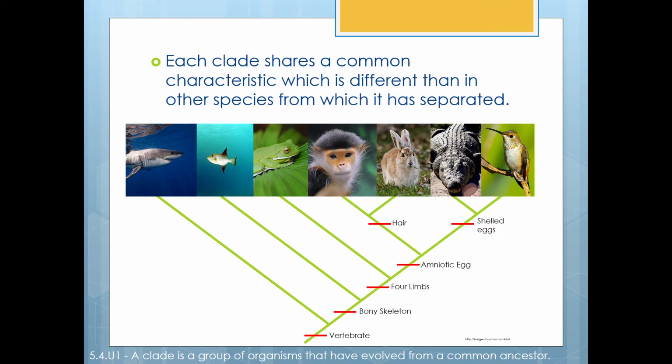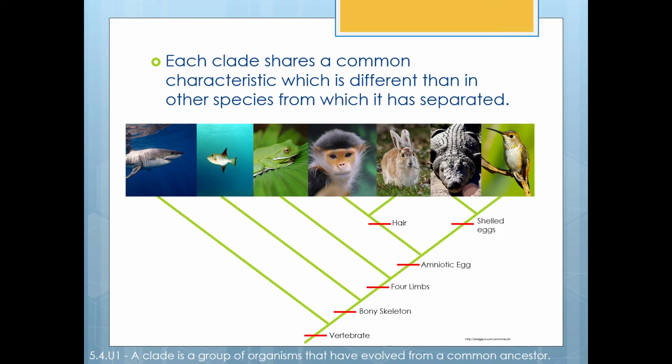Then all of them except fishes have 4 limbs, and it includes amphibians, reptiles, birds, and mammals. If we go further, it will leave amphibians aside because the rest of vertebrates have the so-called amniotic egg, the egg with special membranes which allow laying eggs on land.